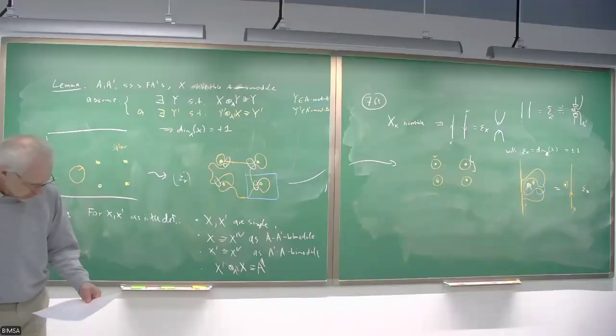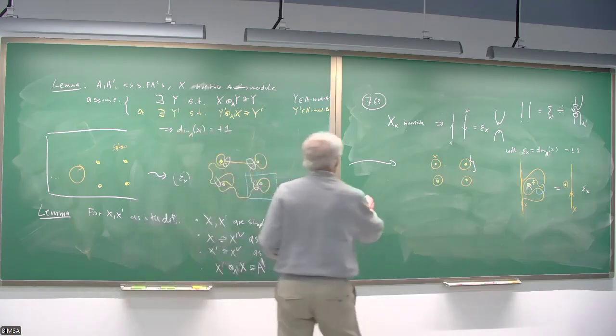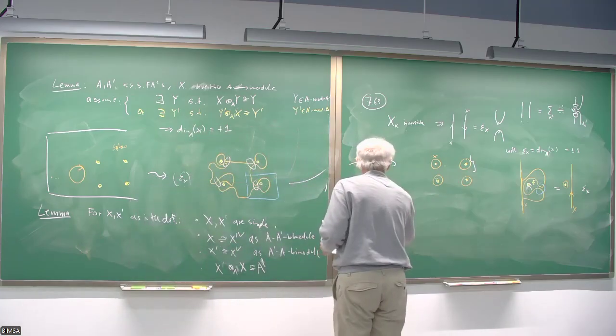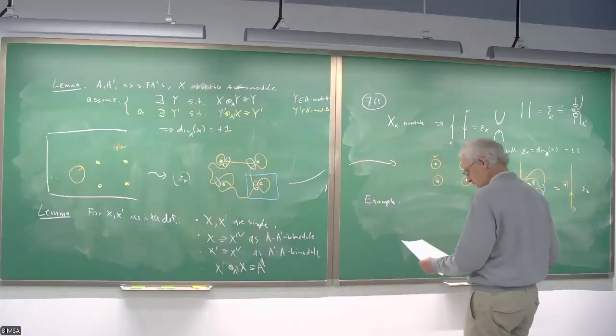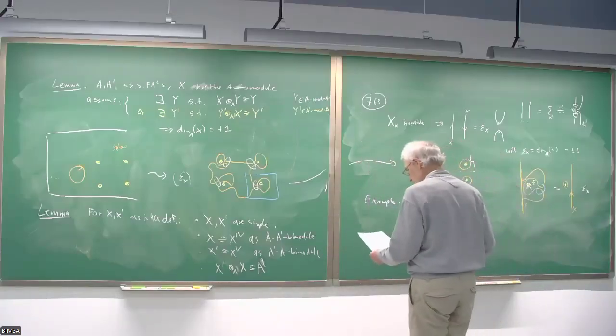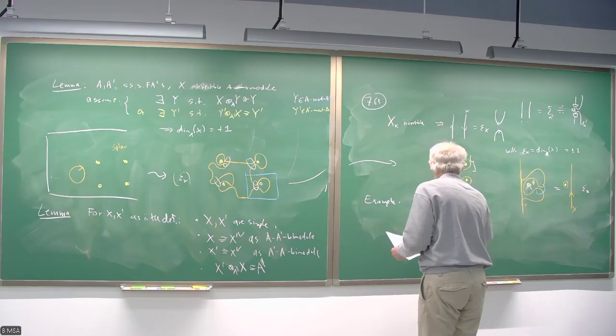Instead, let me just give you an example. It is one conformal field theory that, as a non-conformal field theorist, you should know about. This is the critical Ising model.